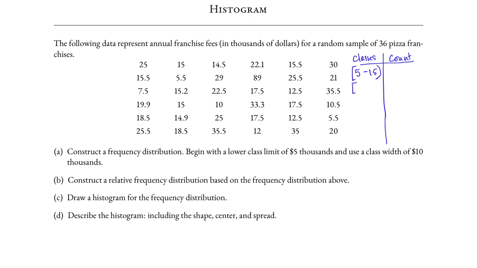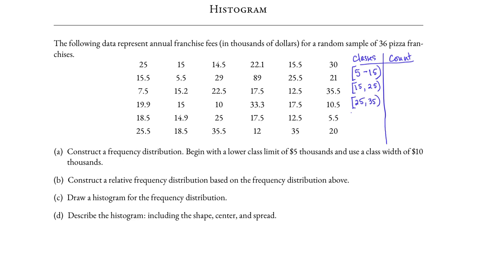The next class will pick up where the first class left off. So the next class starts at 15. The width must be the same, and the width is 10, so we add 10 to this to get 25. Open bracket, close parenthesis. The next class is therefore 25, add 10 to it, 35.